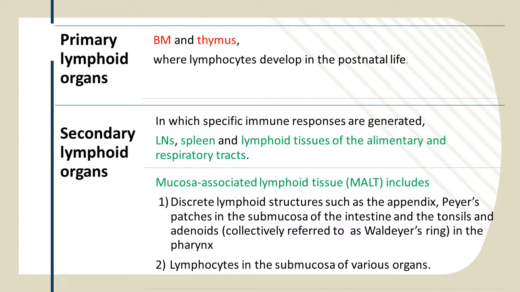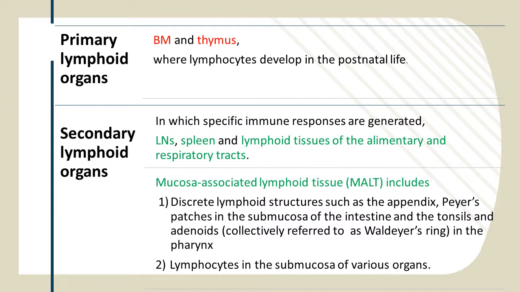In fact, there are two lymphoid organs, primary and secondary. The primary lymphoid organs where lymphocytes develop in the postnatal life include bone marrow and thymus, while the secondary lymphoid organs in which specific immune responses are generated include lymph nodes, spleen, and the lymphoid tissues of the alimentary and the respiratory tracts.